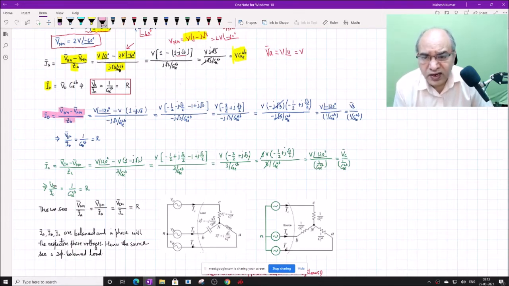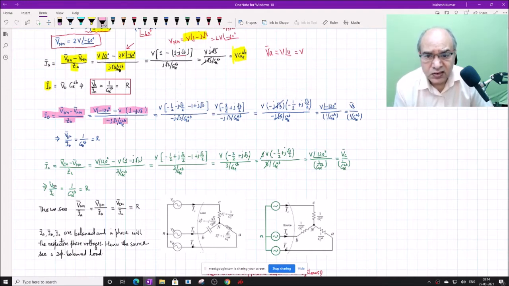So VBN is V angle of minus 120 degrees, and VNN is 2V angle of minus 60 degrees, or V in bracket 1 minus j root 3, and ZB is minus j root 3 by ZL AB. Just simplify this.